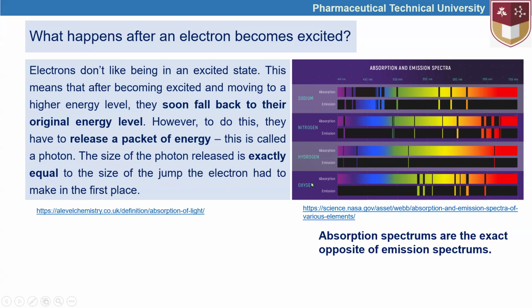Here we can see the absorption and emission spectra of sodium, nitrogen, hydrogen, and oxygen. Every atom has its own light spectrum. Here we can see the absorption spectrum and emission spectrum of each of the four atoms given here.